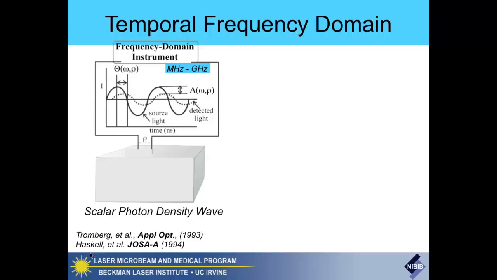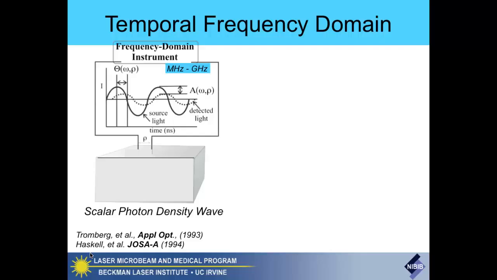If you're just modulating in the hertz or kilohertz regime, and you take the reciprocal of those frequencies, those relaxation times are too slow. We need to be modulating on the order of the relaxation time of the tissue. What influences the relaxation time of the tissue is the absorption relaxation time and the scattering relaxation time.